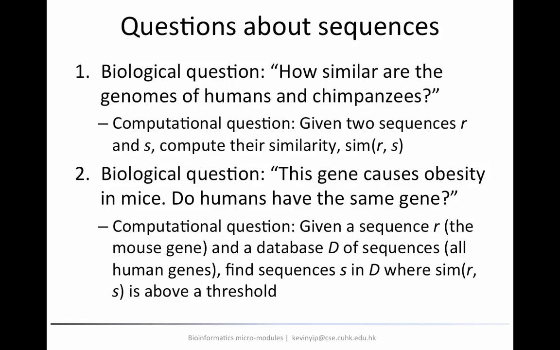For each sequence in the database, we want to compare that with the mouse gene and to compute a similarity score. So for any gene in the database with a score higher than a certain threshold, we say that this is possibly a homolog of the mouse gene.